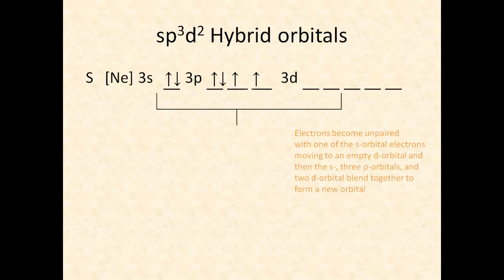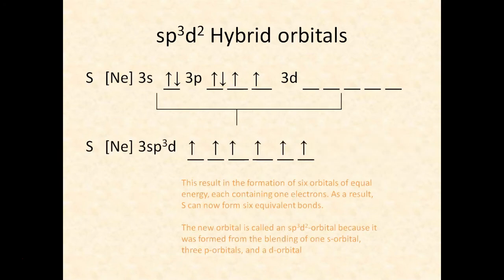We then blend them all together, and we get an sp3d2. Now we see that there are 6 orbitals of equal energy, all containing 1 electron, and so this would allow our sulfur atom to form 6 bonds.